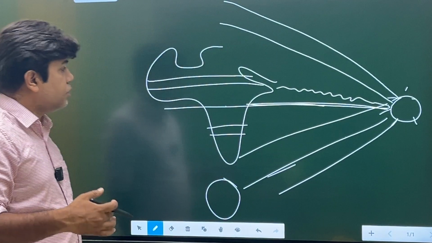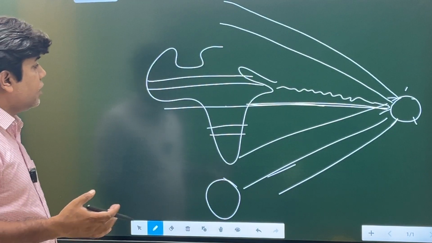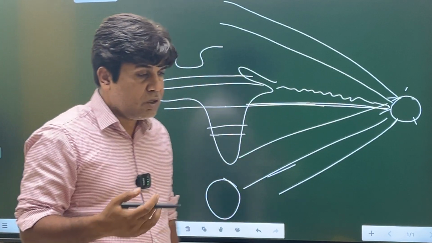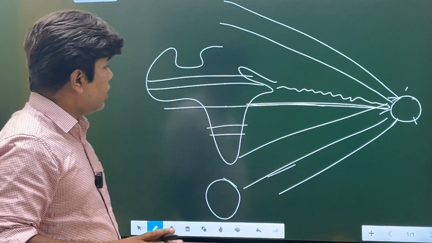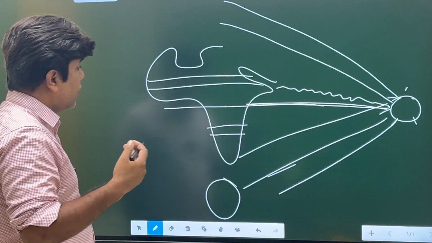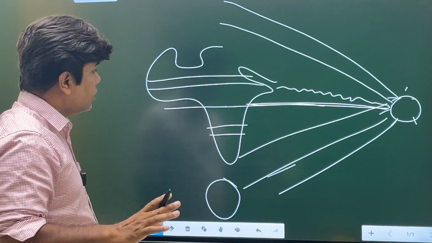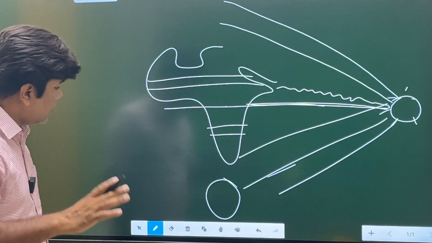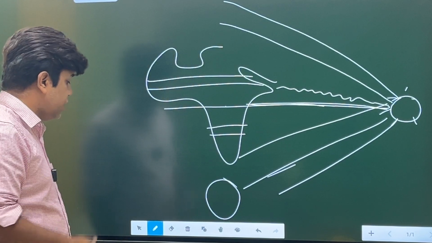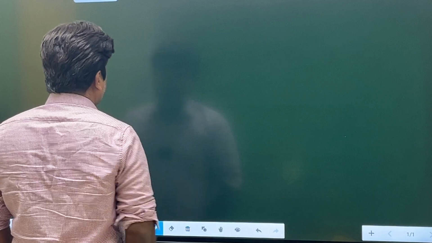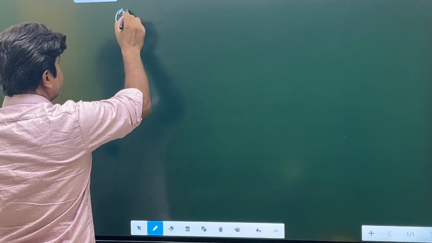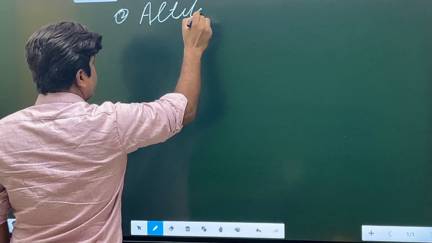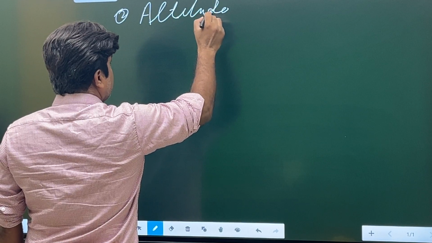We will discuss why, because there is another factor that is responsible, but in general, when you move away from the equator towards the pole, the temperature keeps on decreasing. The second factor is altitude.